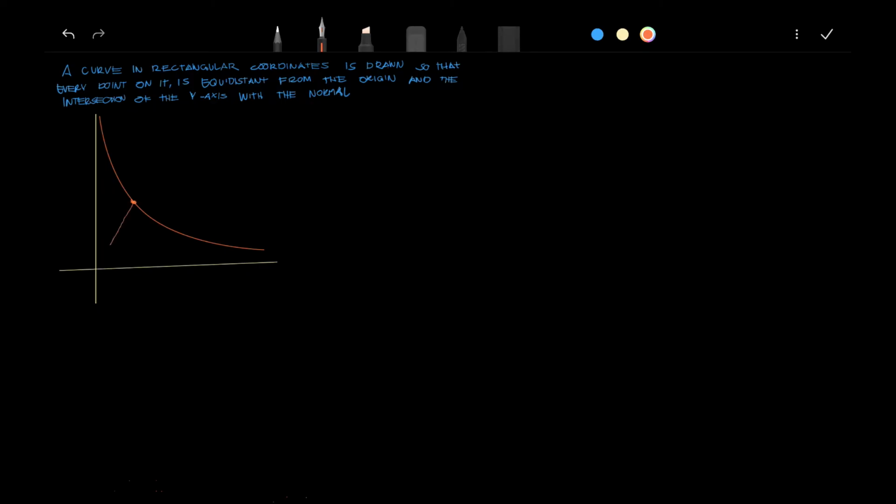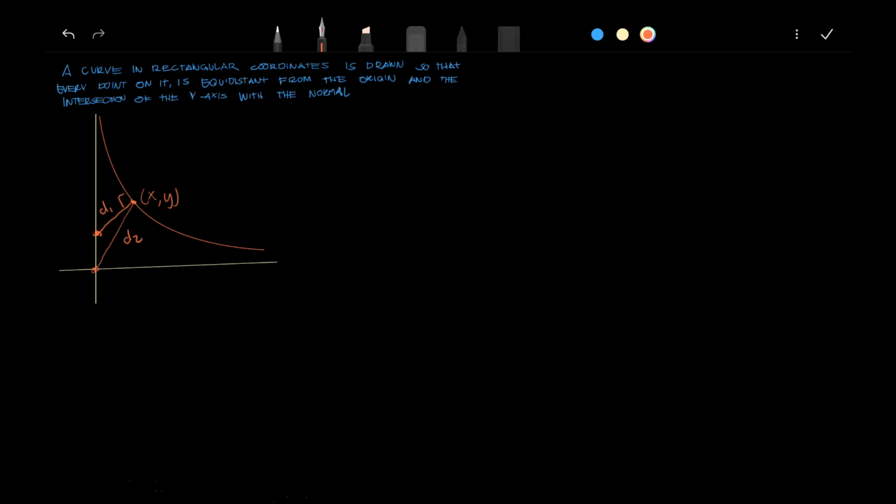The distance from the origin to this point, which is x and y, is equidistant to this normal curve, which is intersecting at the y-axis, d1 and d2. Okay.